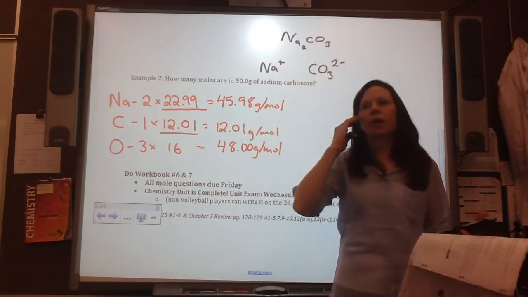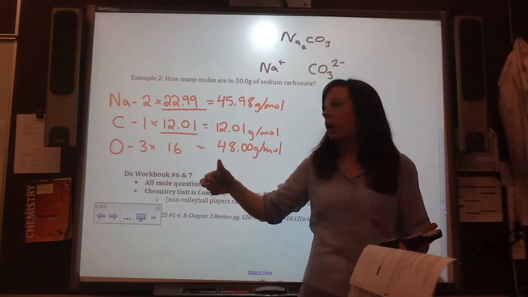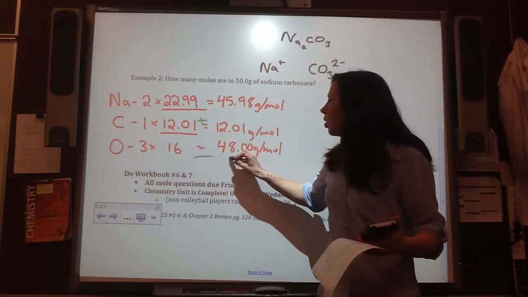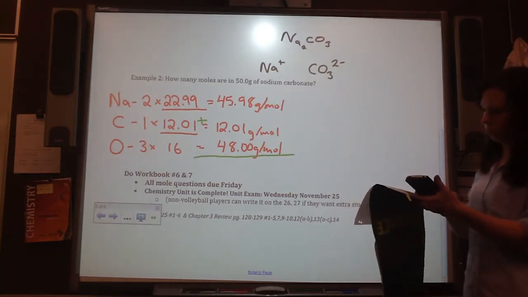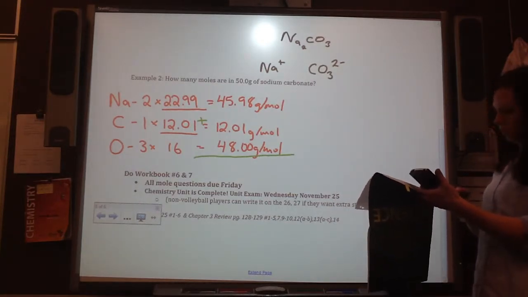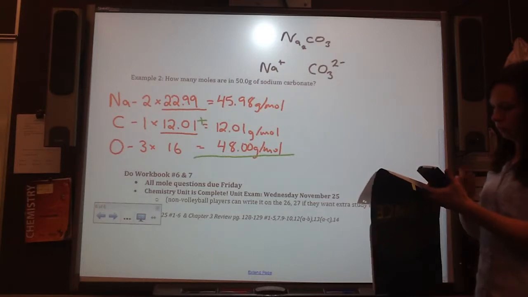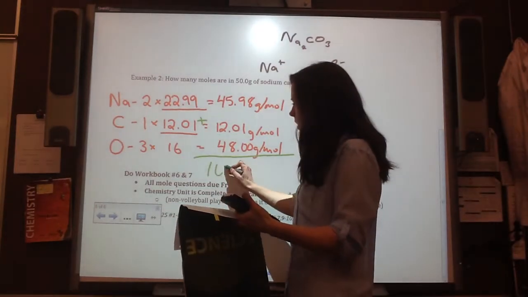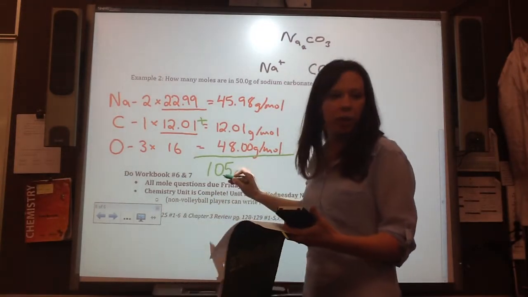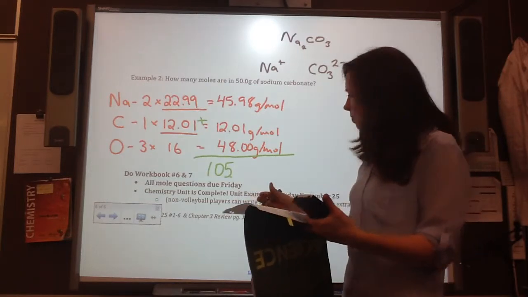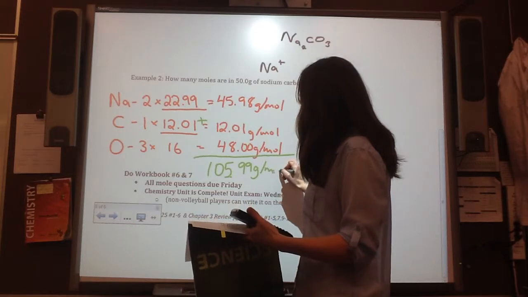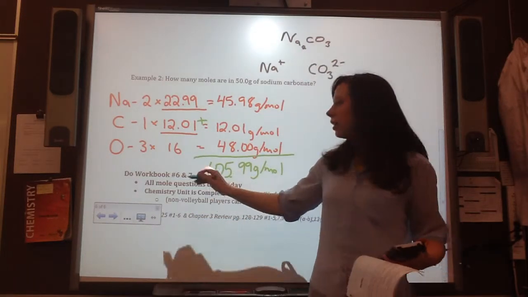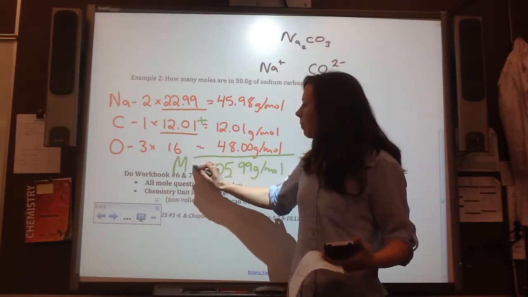Now that we have the individual parts, we can add them all up. We got 105.99. Do you agree? And our units are still grams per mole. So what we just calculated is big M.